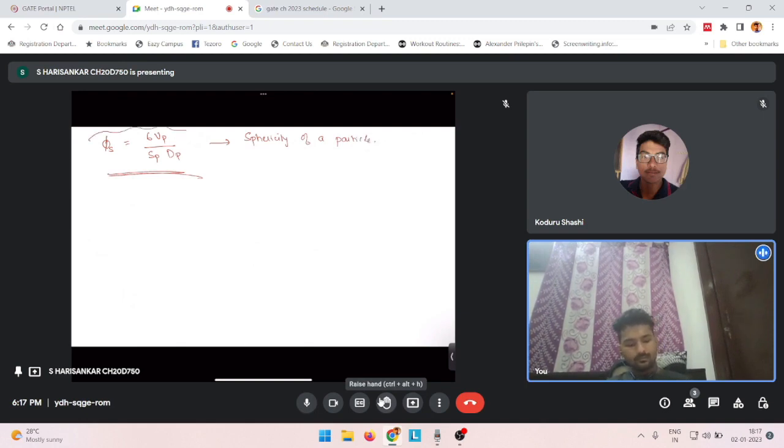This equation is very important for you to remember, because a lot of questions from mechanical operations are based on sphericity. So it is an important equation.